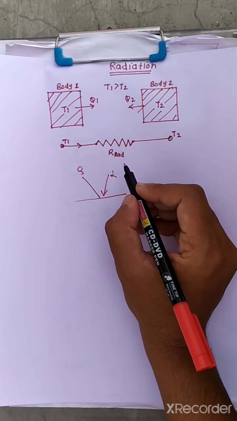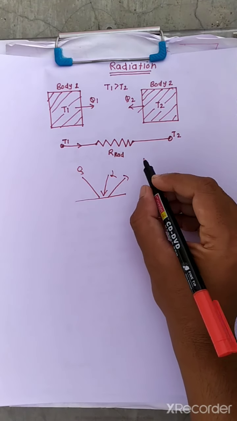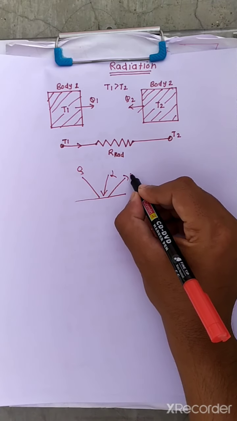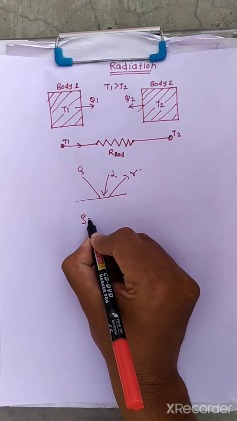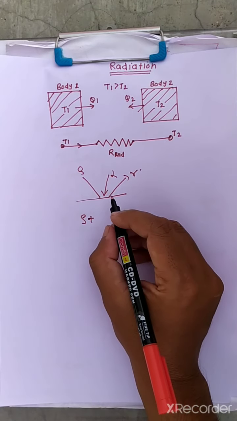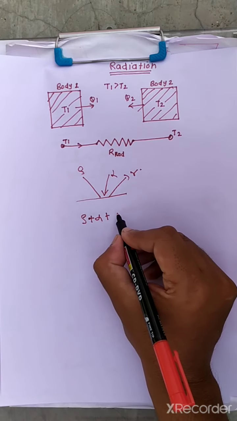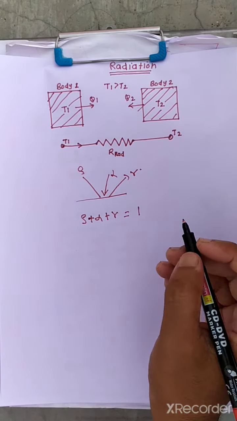The remaining radiant energy is transmitted through the body, which is called the transmittivity gamma. So out of the total radiation, reflectivity plus absorptivity plus transmittivity gamma is equal to 1.